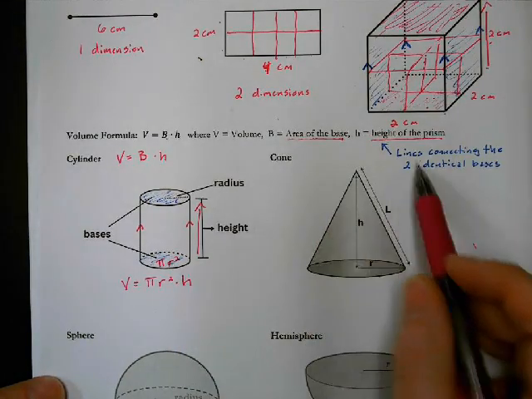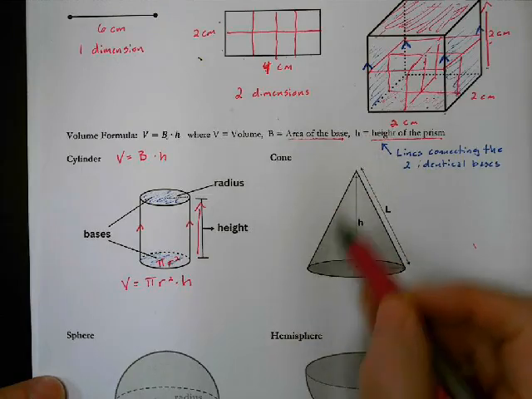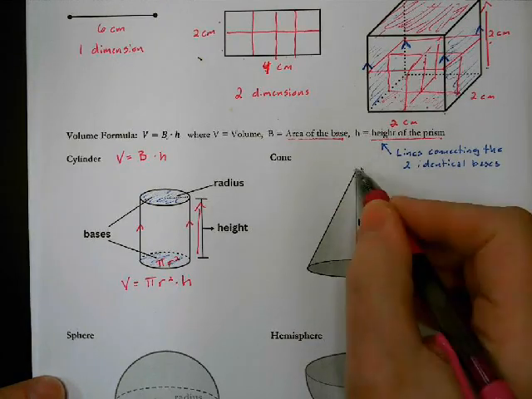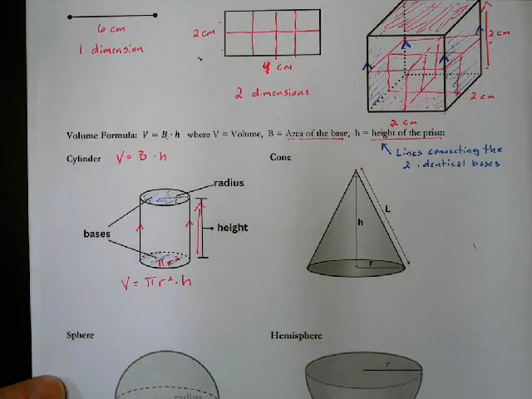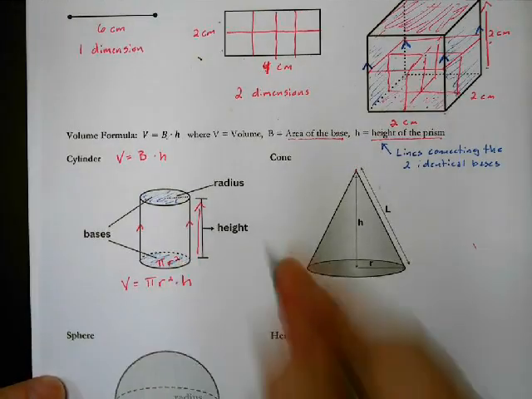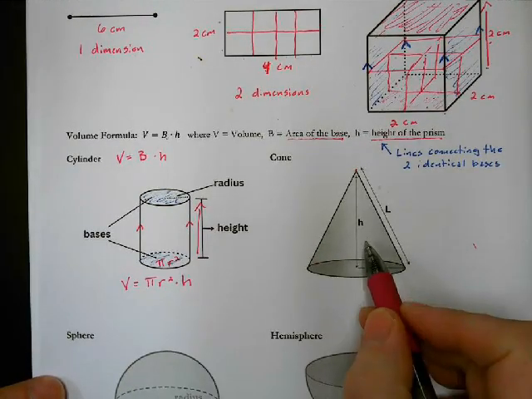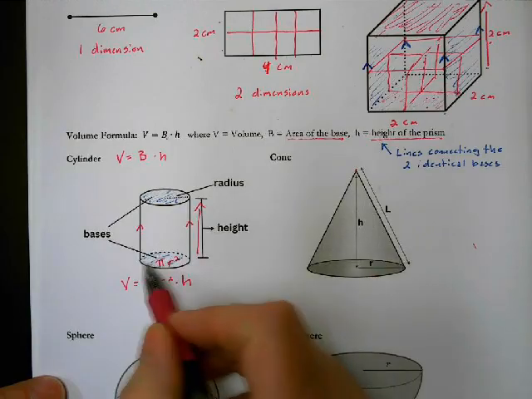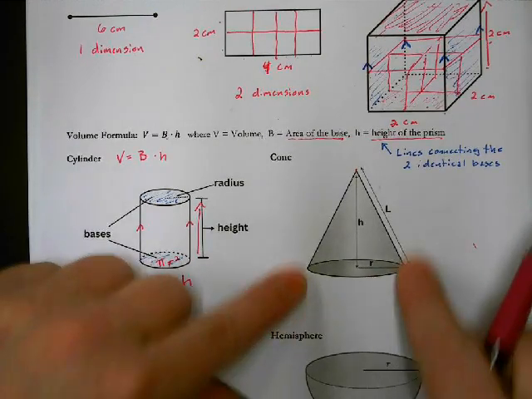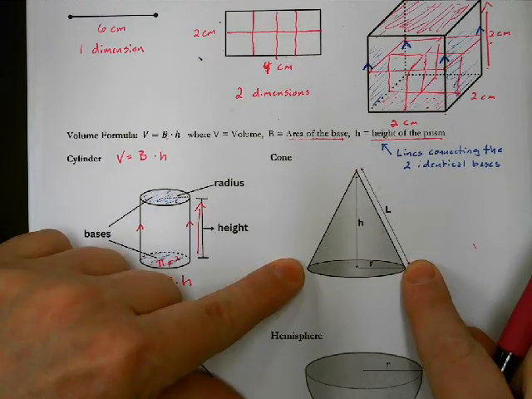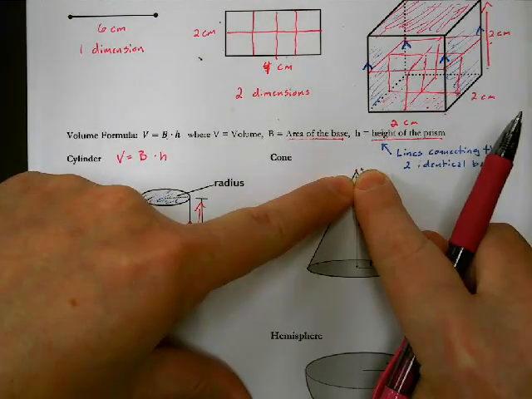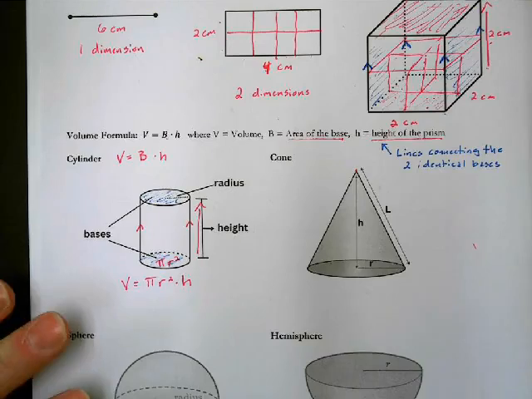Instead, these sides are meeting at an exact point. So basically, this cone could fit inside of a cylinder. The cylinder would have gone straight up, whereas in a cone, instead of going straight up, we just go over here. So I've got two heights now. This one is called the slant height.